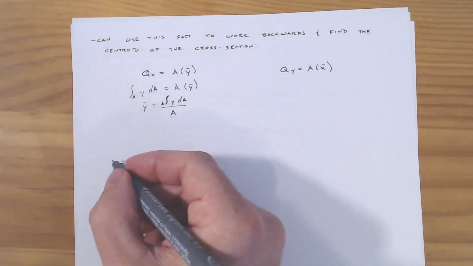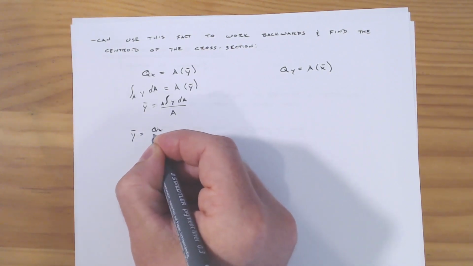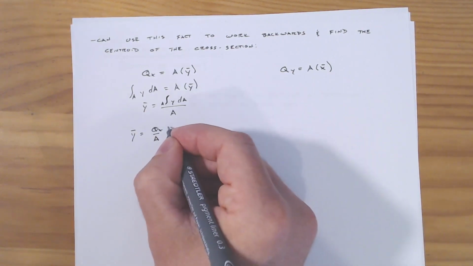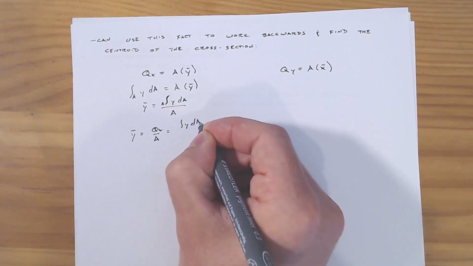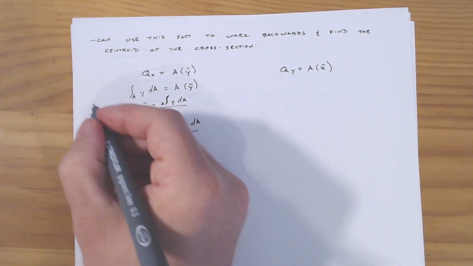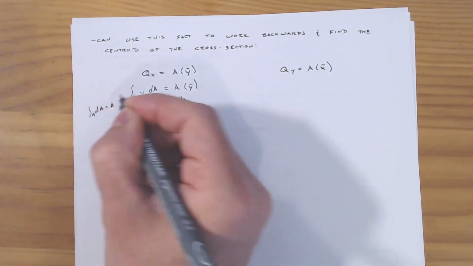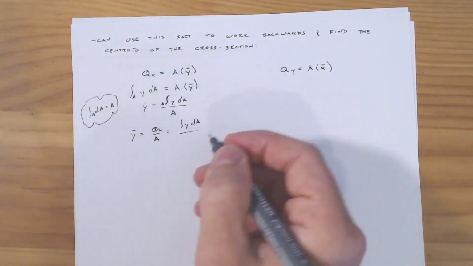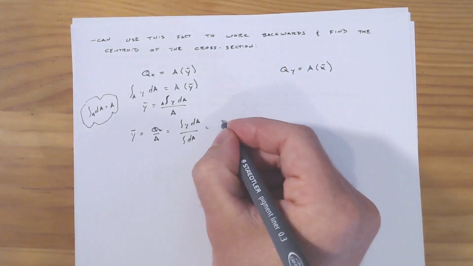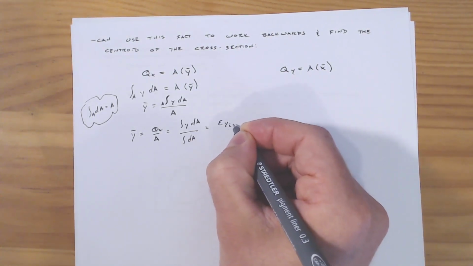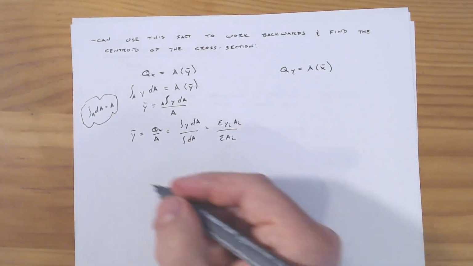Then we can solve this out where y bar equals Qx over A equals the integral of y dA over the area. Remember that the integral of dA equals the area, and of course we could simplify this down to the sum of yi Ai over the sum of Ai.